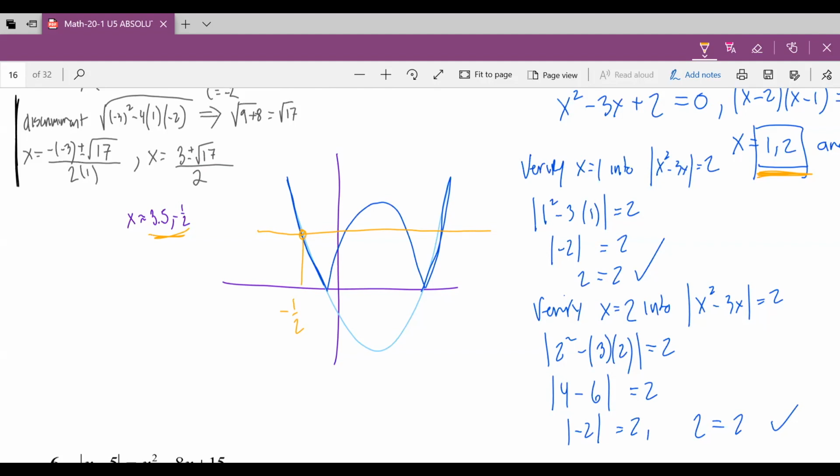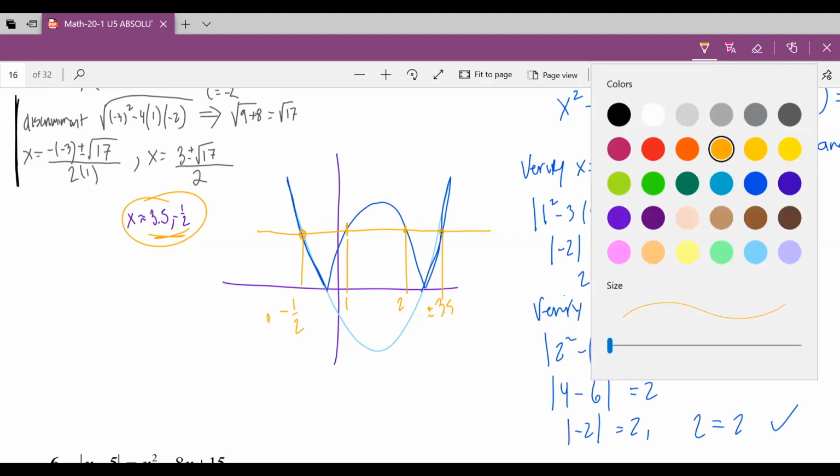I'm willing to bet then that this is 1, that this is 2, and that this is approximately 3.5. And this is approximate, right? Because we didn't calculate this precisely.